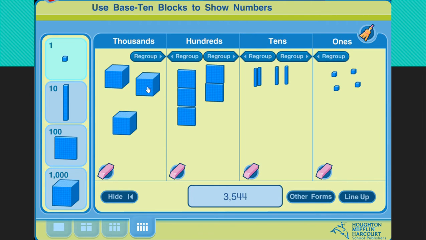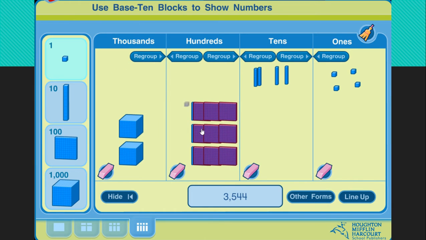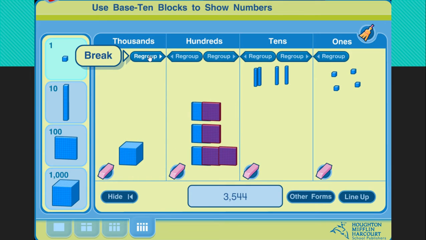You should have stated 10. So when we regroup 1,000, it breaks up into 10. Right now we have the 5 that started there, plus the additional 10, so we have 1,500. Then we do the same thing again. Another 10, so that's 20 plus the 5 equals 25. And then my last 10, which gives me 3,500. So we are looking at 3,500. Awesome.